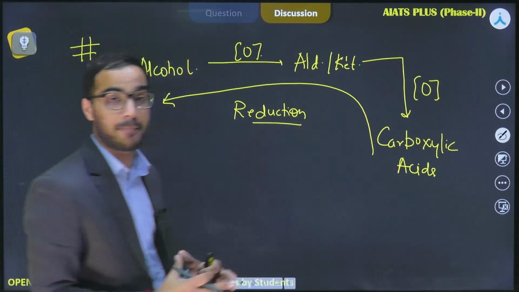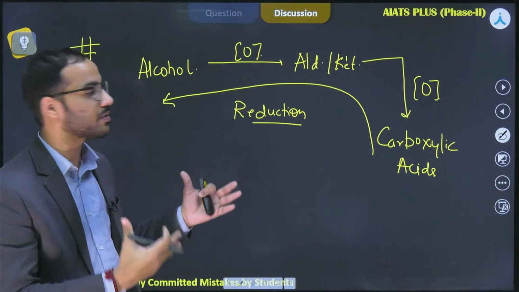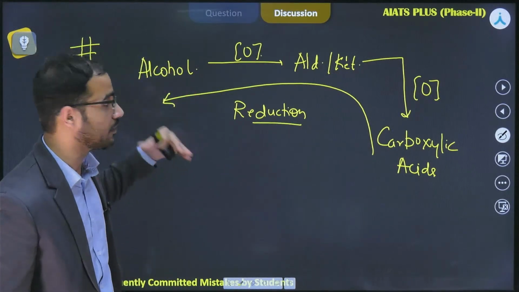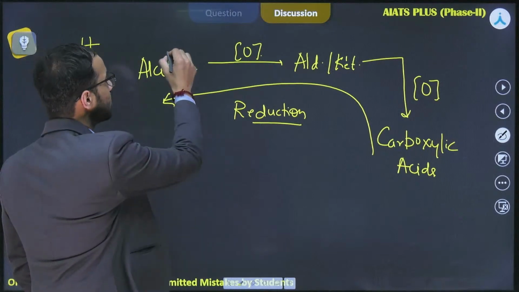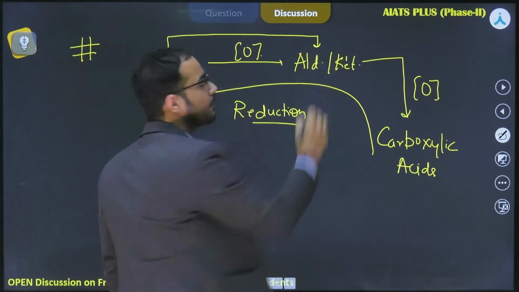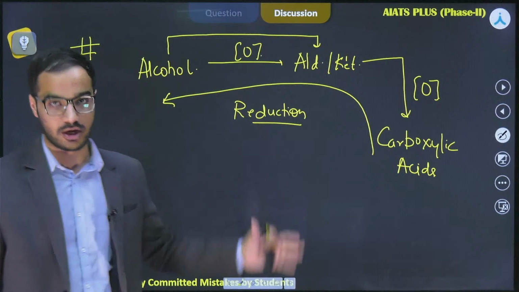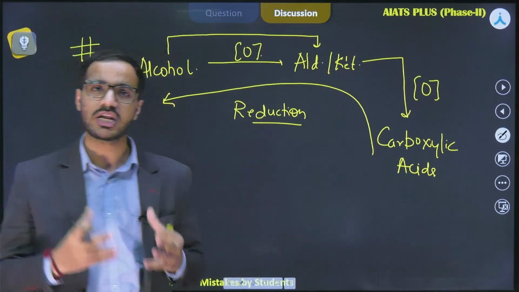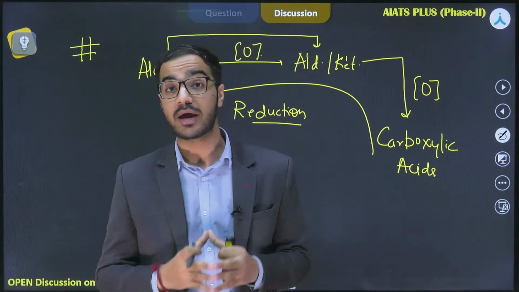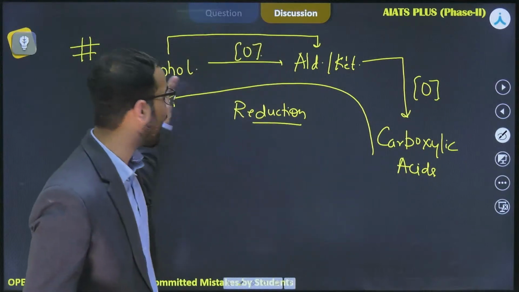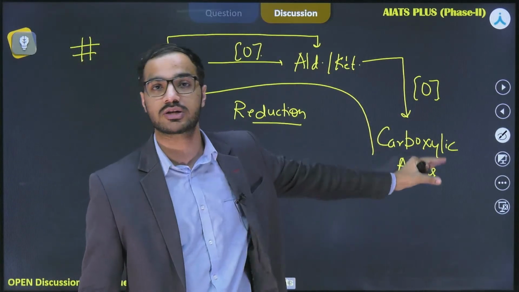But to control this reaction and hold it up to this part is a very difficult task, because most of the oxidizing reagents we have are strong. So the alcohol gets directly converted to the carboxylic acid.